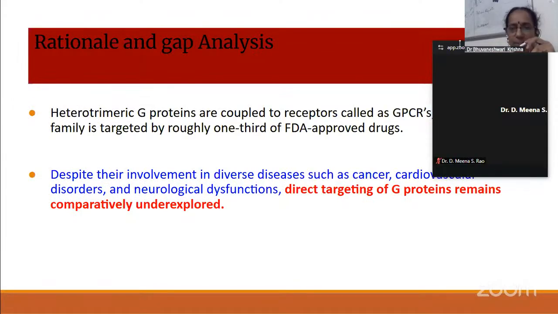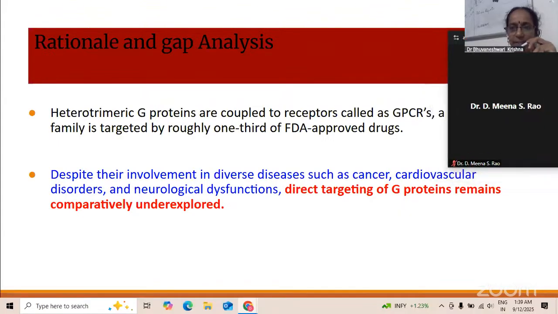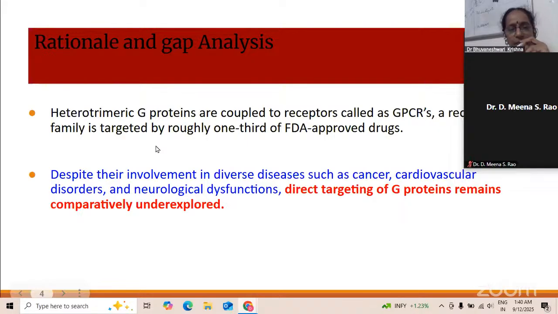So the rationale and the gap analysis here is that heterotrimeric G proteins are coupled to receptors called GPCRs, targeted by roughly one third of FDA approved drugs. So the GPCRs are targeted by one third of the drugs found in the market. But the G proteins which are coupled to them are comparatively underexplored.